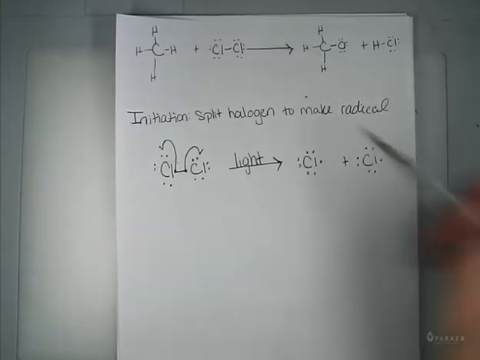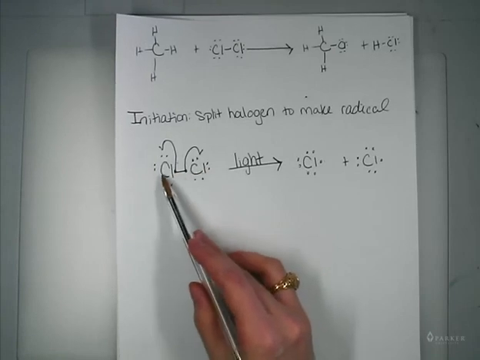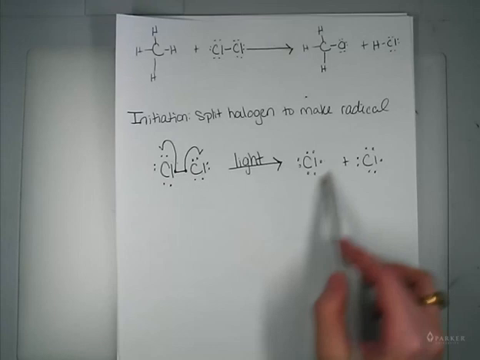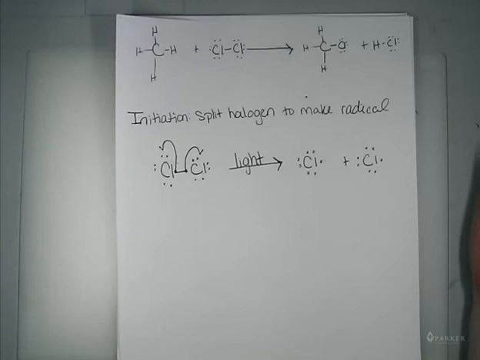Okay, so they each have a lone electron, right? This electron went on that chlorine. This electron went on the other chlorine. How many do I have? 7. What group is chlorine in? So it's neutral. Radicals are neutral. Most radicals are neutral.